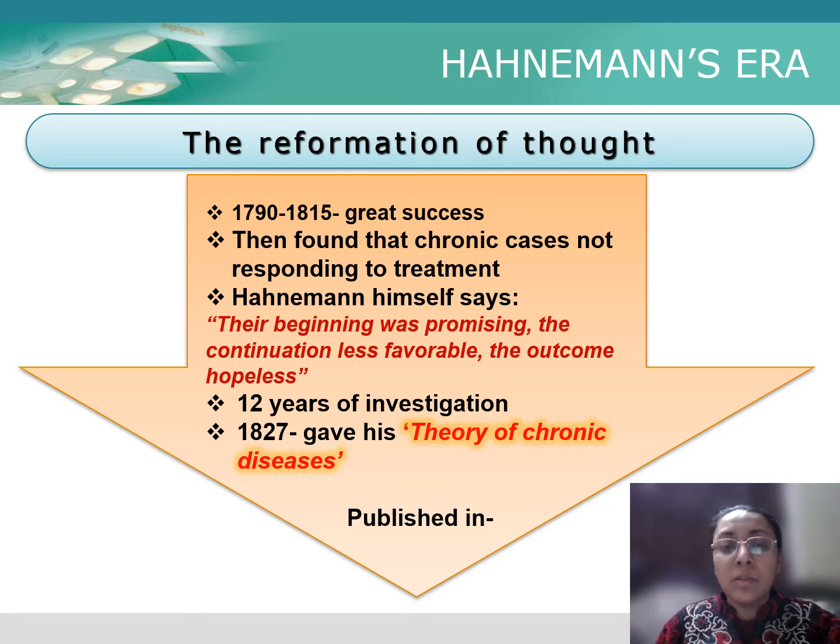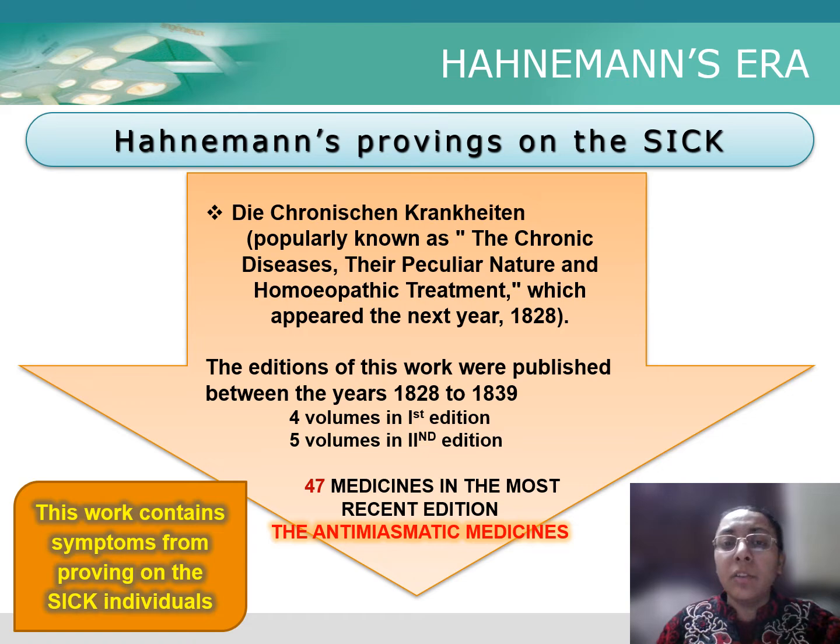illnesses. So he investigated for 12 years, and in 1827 he came up with his theory of chronic diseases, which was published in his Die chronischen Krankheiten, which is now popularly known as The Chronic Diseases, Their Peculiar Nature and Homeopathic Treatment, which appeared during 1828. This book contains provings on the sick individuals.